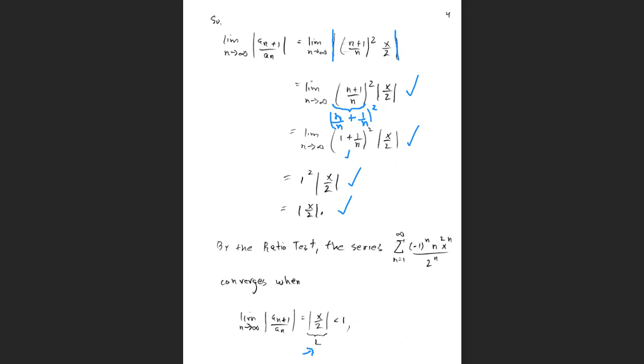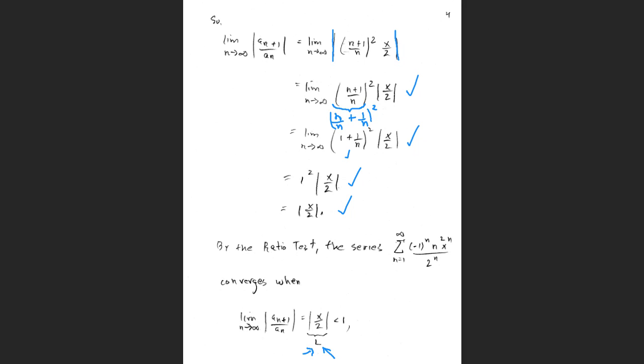I want to say this the right way. If you have a term of the series and you divide it by the previous term of the series, as n gets large, the ratio of those terms is going to approach a common ratio L. And that common ratio is the absolute value of x over 2.